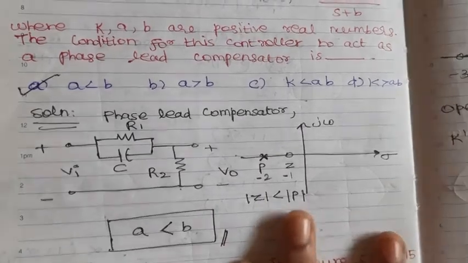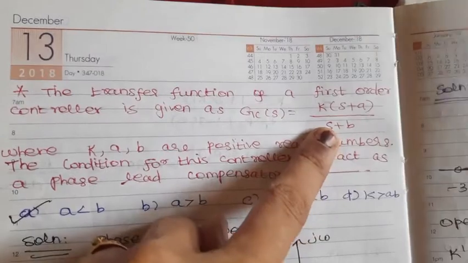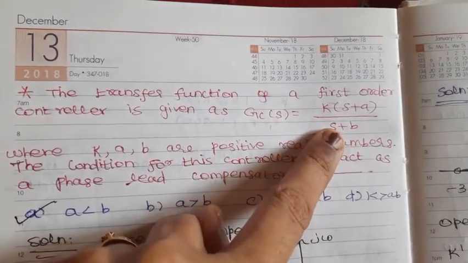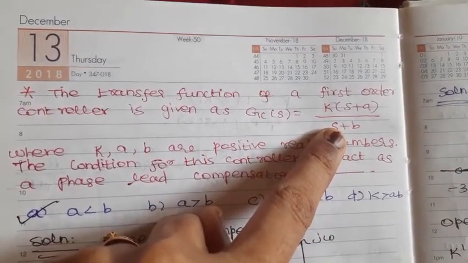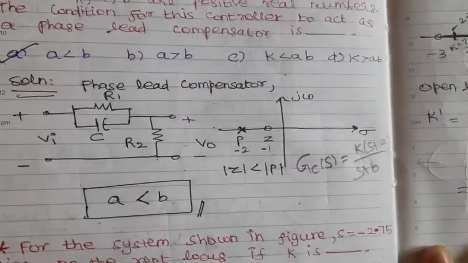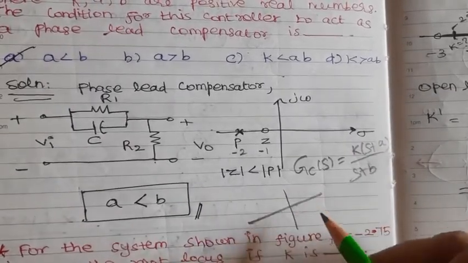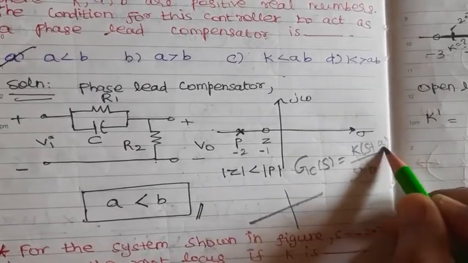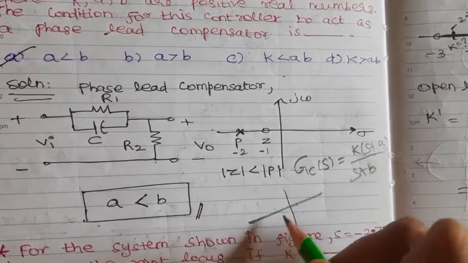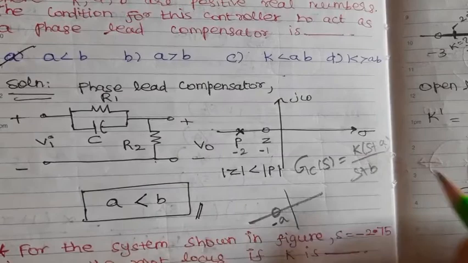So from this we need to identify the given transfer function. See, this is given: GC of S is equal to K into S plus A divided by S plus B. So now we are going to plot. What is the zero here? S at minus A. Say it is minus A, there is 1 zero.